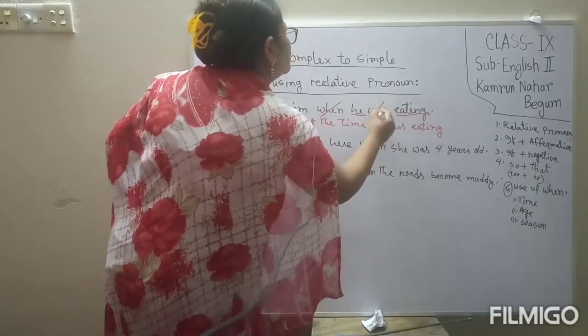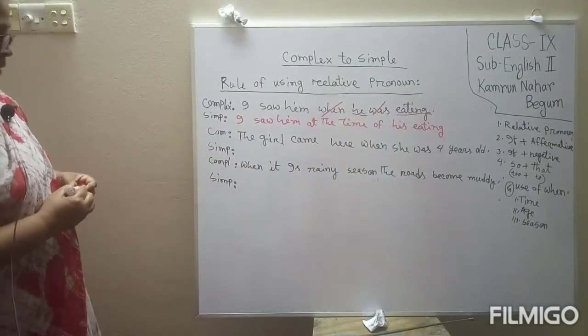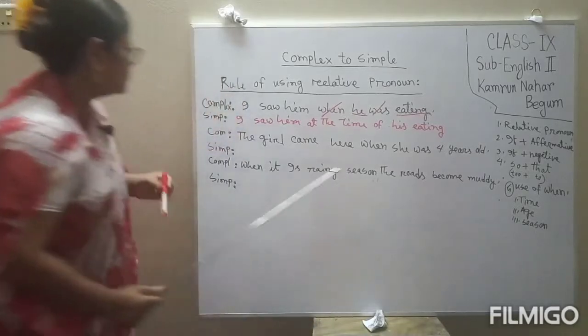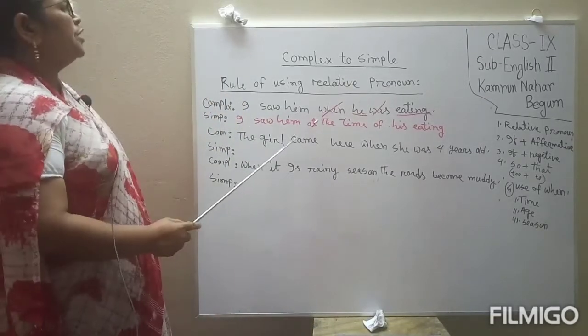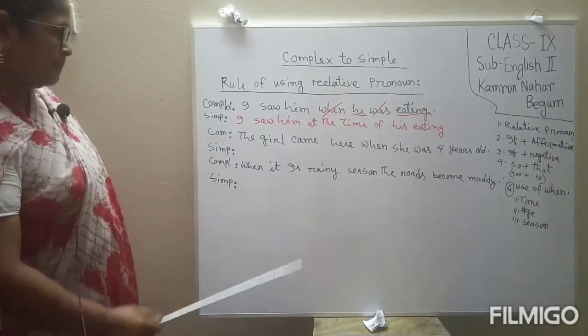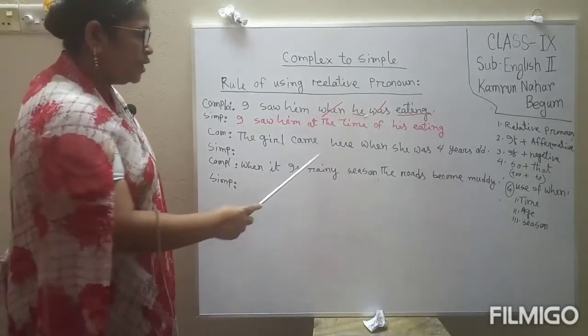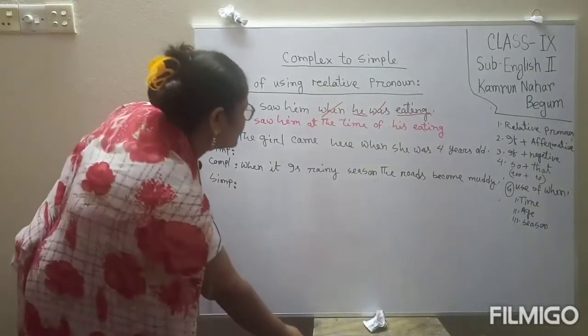E-A-T-I-N-G. Finish the auxiliary verb. What has the simple sentence become? I saw him at the time of his eating. As when he was eating mentioned the time of his eating.